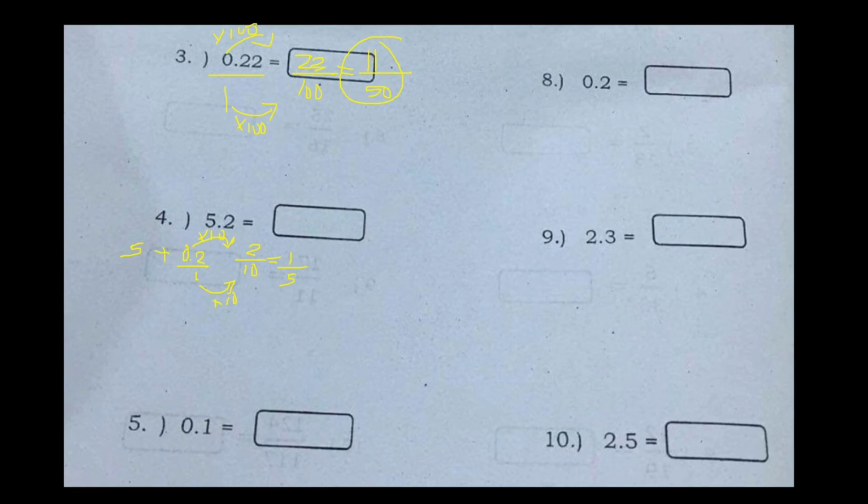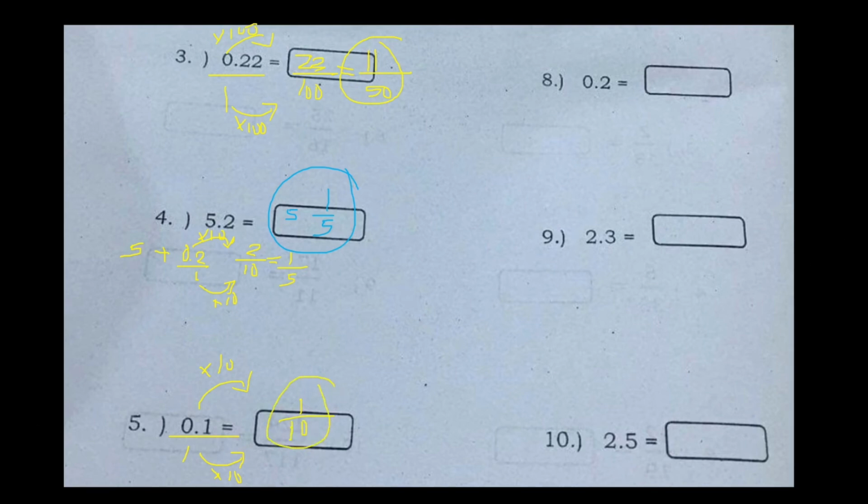So the final answer will be 5 and 1 over 5th. Okay, 5 and 1 over 5th, or 1/5. Next, number 5, 0.1 divided with 1, multiplied with 10. So the final answer is 1 over 10.